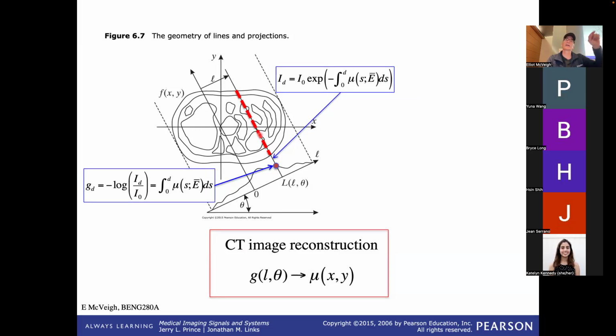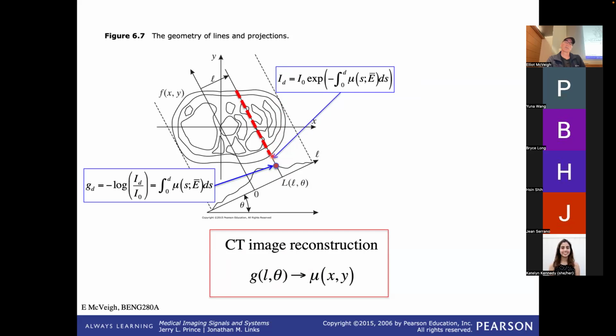And it gets attenuated by that mu value in that volume as it's moving through. And then a number of photons exit the back of the patient. And that's the intensity I D that comes out of the back of the patient. That forms that shadow, right? And we looked at that shadow in that phantom, right? They directly looked at that shadow.